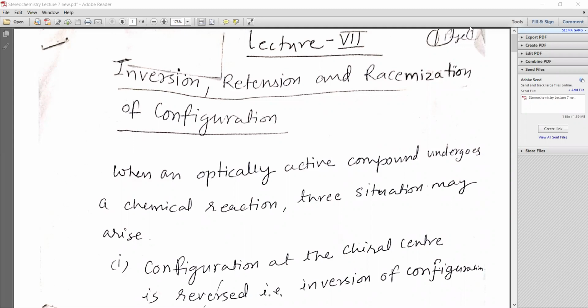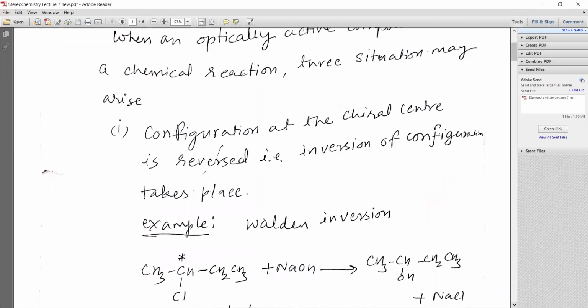When an optically active compound undergoes a chemical reaction, three situations may arise: inversion, retention, and racemization. First, the configuration at the chiral center is reversed. That is, inversion of configuration takes place.